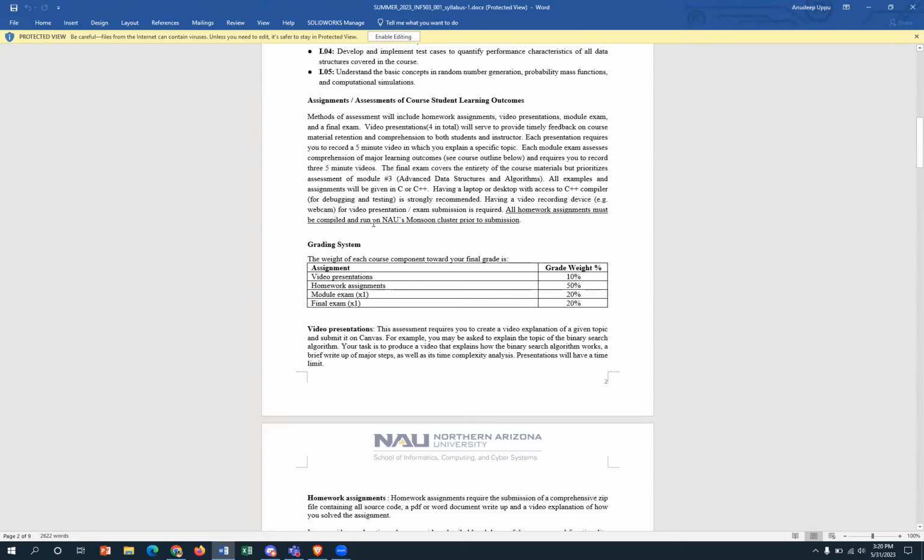So basically, in order to do all these assignments, first you have to set up your NAU Monsoon cluster account. How to set up all these things, we would be giving you specified instructions in your first homework assignment. And you also have a separate category for that. You have to first complete that Monsoon training.